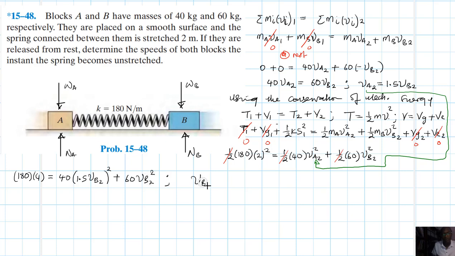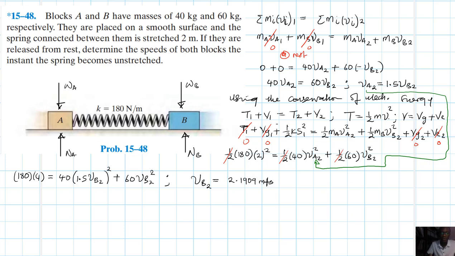Therefore vB2 is just going to be equal to, let's calculate this one, 180 times 4 divided by 40 times 1.5 squared plus 60, and then the square root of that. So we get 2.1909 meters per second.